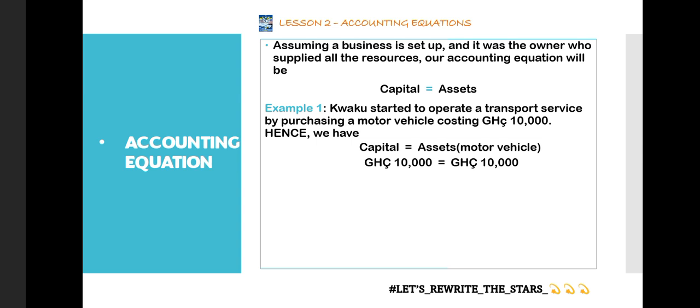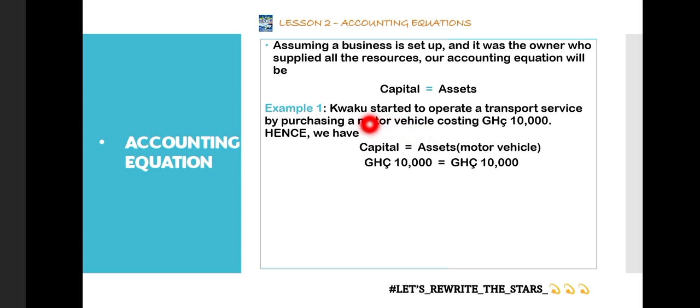The business, which is the transport service, did not have any property. So when Kweku decided to start this business, he said that if that's the case, then I'll purchase the motor vehicle, which will help me run the transport service.